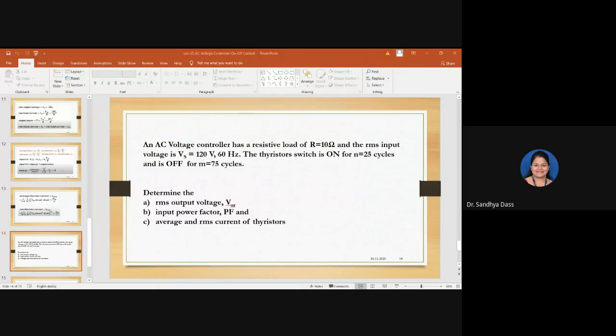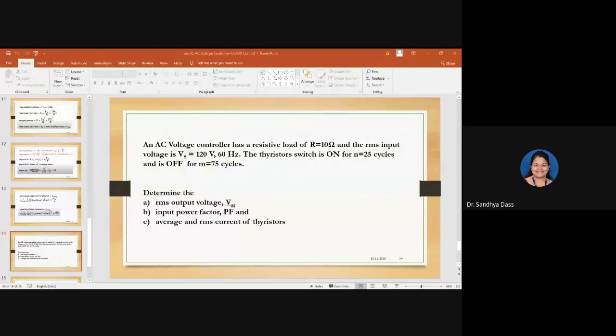Okay, Anil Nair, you're there. Can you tell me what is the RMS current of thyristor? 4.24 ampere. Okay, very good. Thank you.